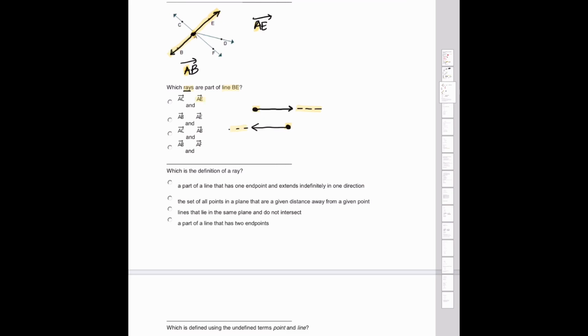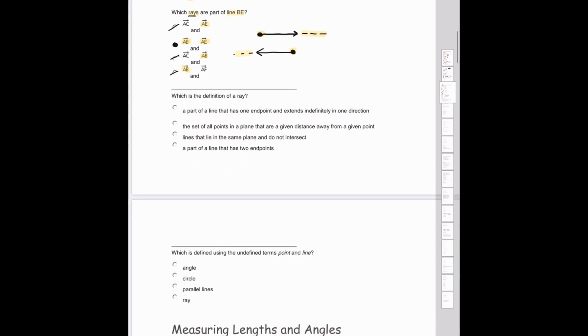Here we say AE, but we do not see EB, so we can cross that out. Here we say ray AB and ray AE. We have identified our answer choice. But let's look at the other answer choices. Here we have ray AB, but we do not have AE. Here we have AB, but again we do not have AE. Therefore, we can cross out both those answer choices.